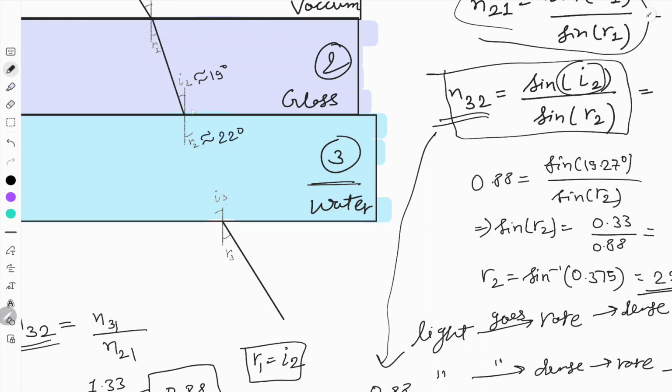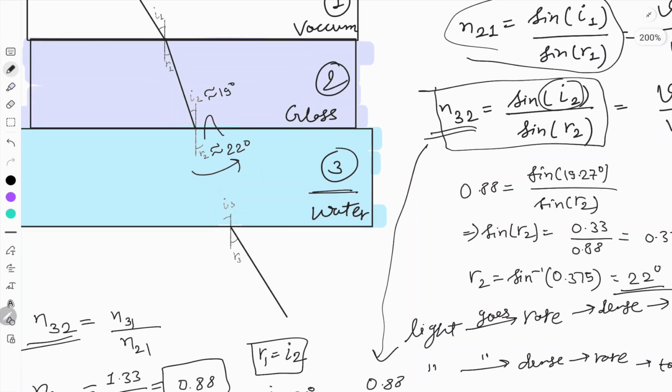So R2 is greater than I2, right? So it moves away from normal. And if we look up the refractive index table, we know that glass has the refractive index of 1.5 and water has the refractive index of 1.33. So you will say that water is optically rarer than glass, right?